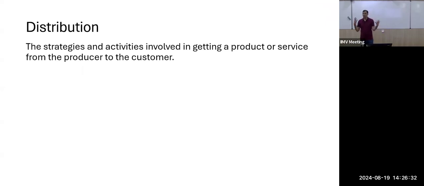But in a nutshell, distribution or place is nothing but a network by using which producer and customer connect to each other. Definitely, marketers have something to give to the customer, and the customer is also giving something in return.